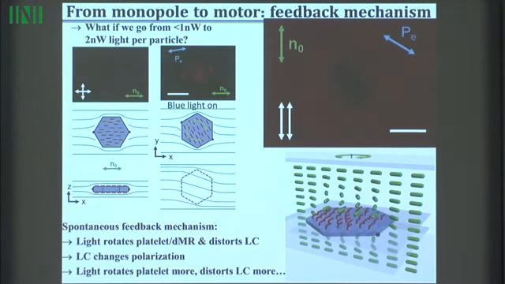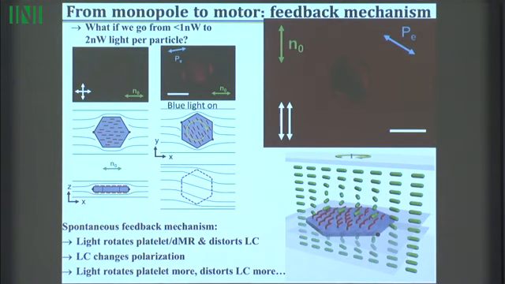And so we can understand what happens in here because liquid crystals have interesting optical properties as they interact with polarized light, as we know well from display applications, right?